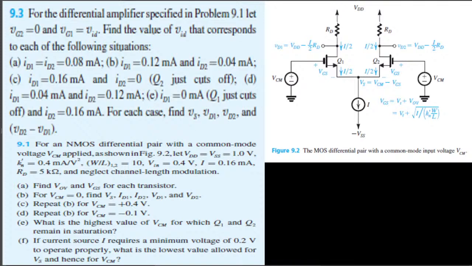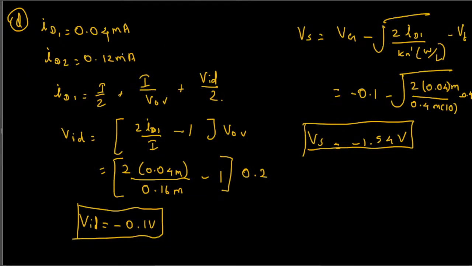But for this one, this is not the case because we have different current. We have ID1 0 milliampere, ID2 0.16 milliampere. So we had to do something else. If you watched my previous part, I did the D part. D part also had a similar situation. We had different current, but for that one we used this equation: ID1 is equal to I divided by 2 plus I over V over tri plus VID over 2.